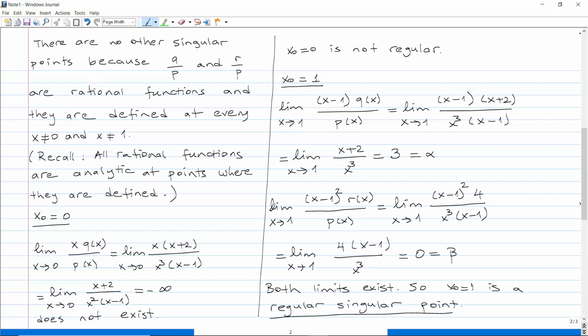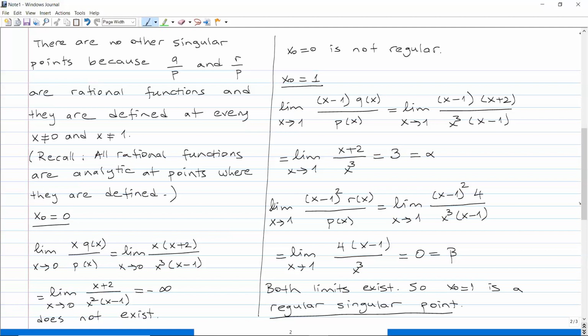Okay, now for singular points, we only look for power series solutions around regular singular points. Well, not quite power series, because since the functions are not analytic, we cannot hope to get a power series.